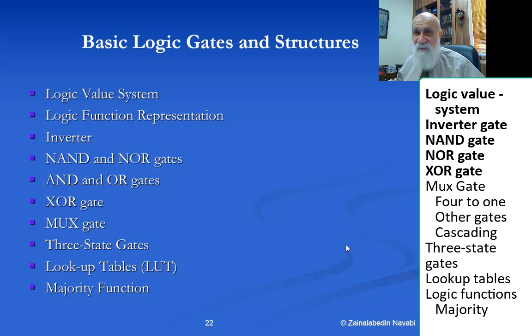Why logic value system? Well, so far we have only talked about zeros and ones, but in real electronics, there is more than 0 and 1. There are voltages in between, there are non-driven voltages, there are conflicts that cause some voltage between the high and low, and therefore those also have to be represented.